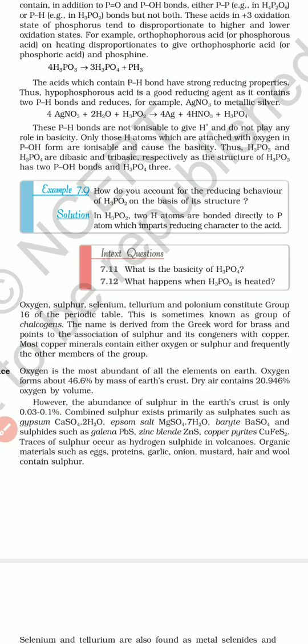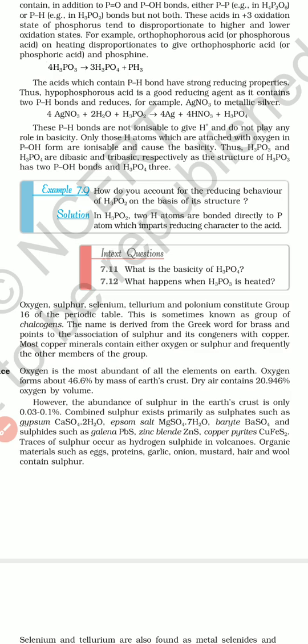So, these P-H bonds are not ionizable to give H+ and do not play any role in basicity. Only the hydrogen atoms attached to oxygen in the P-OH form are ionizable and cause the basicity.